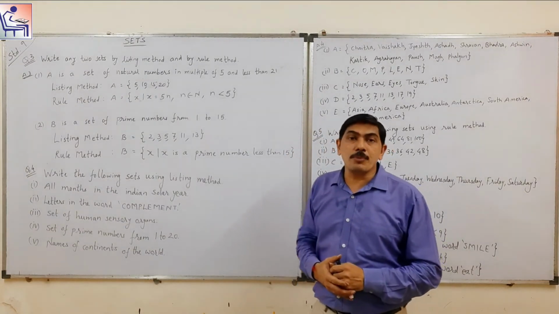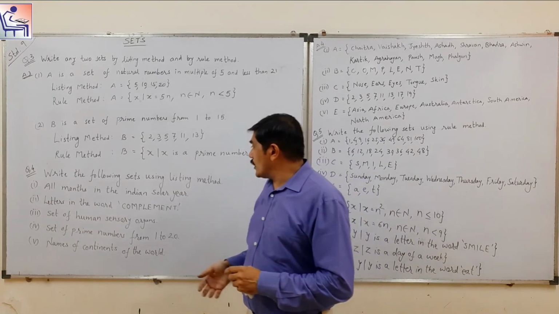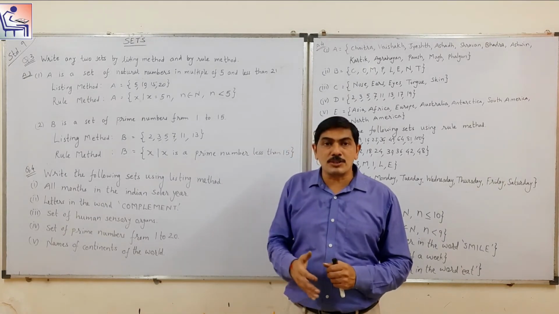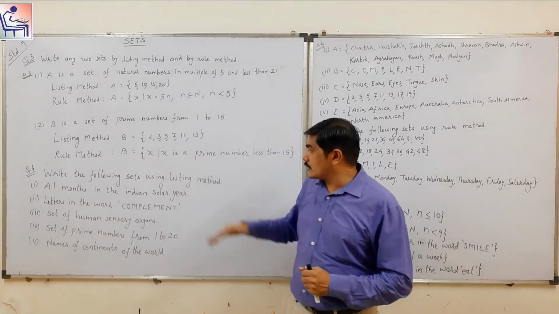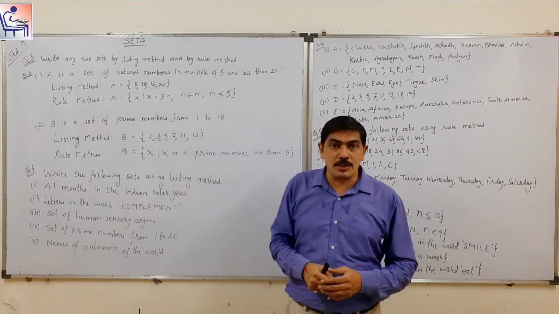Now, question number 4. Write the following sets using the listing method. You have to solve this question as per the listing method. First, all months in the Indian solar year.